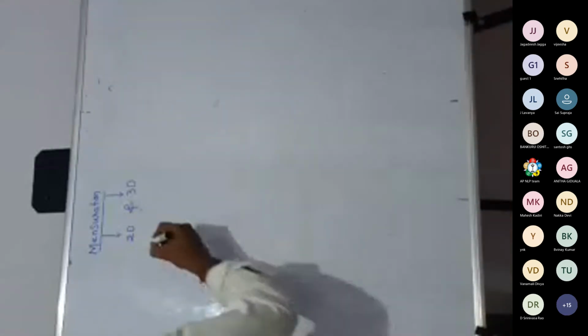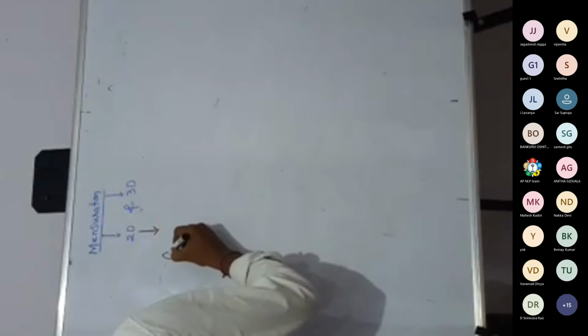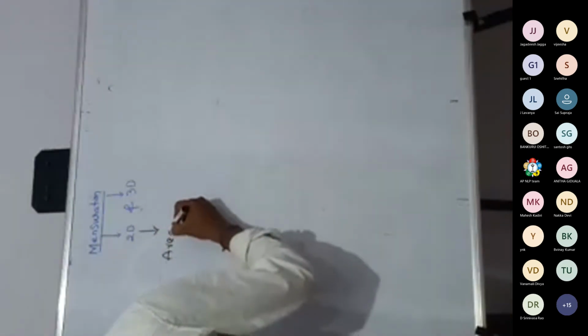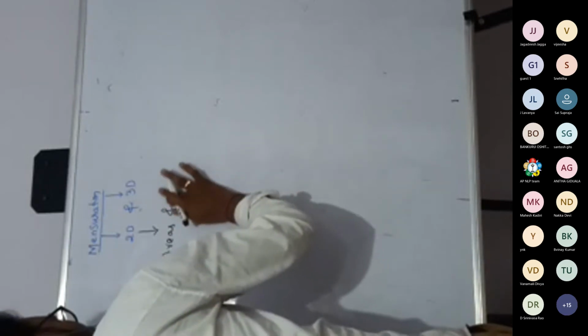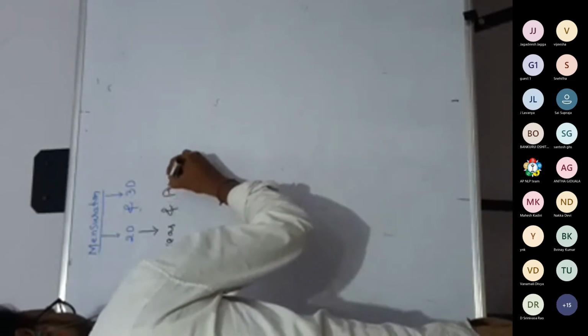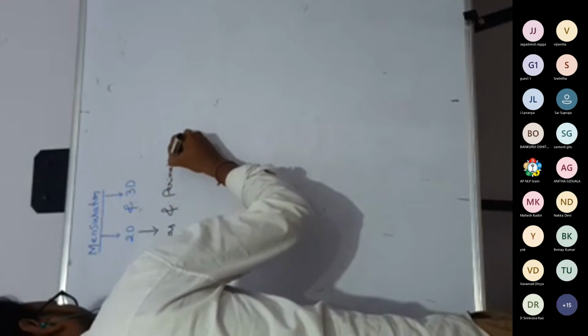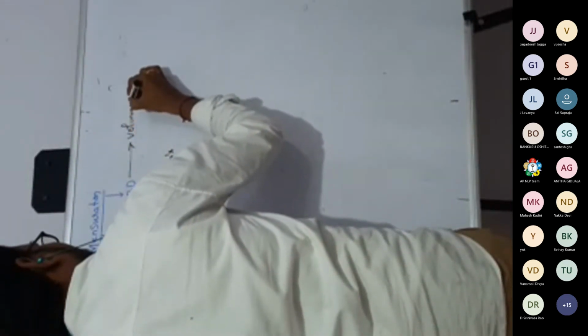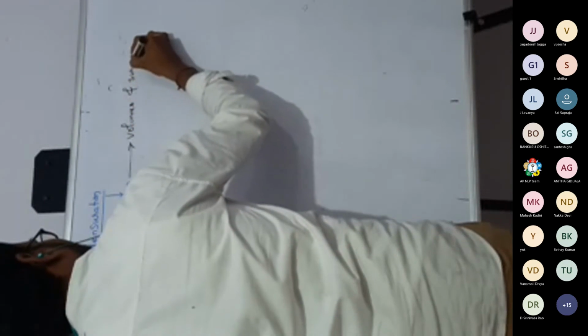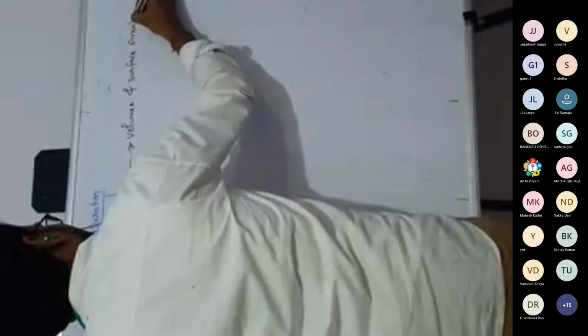Today we will discuss areas and perimeters in 2D. And in 3D we are going to discuss volumes and surface areas.